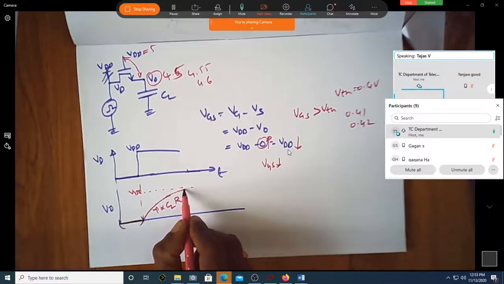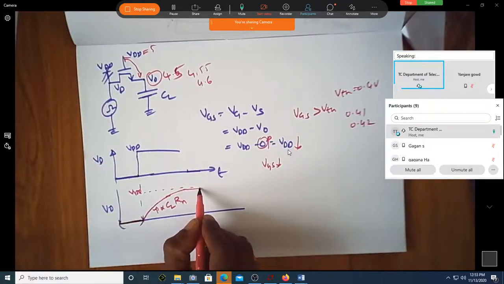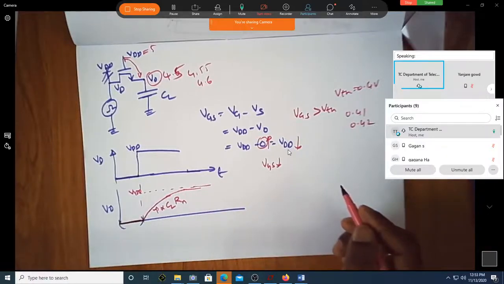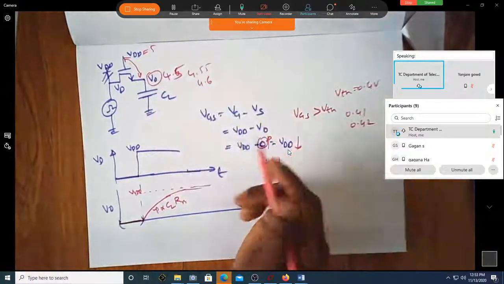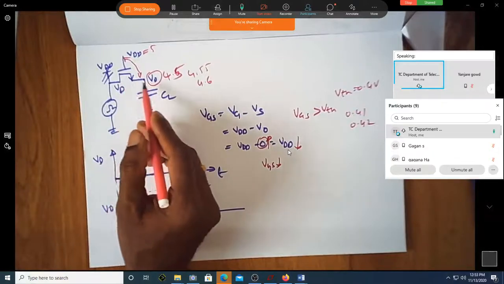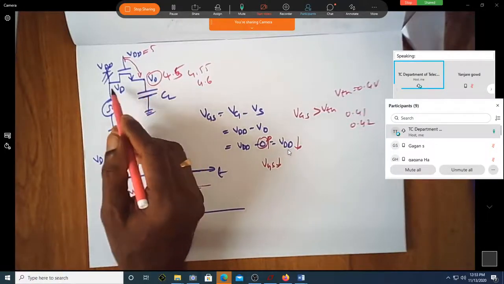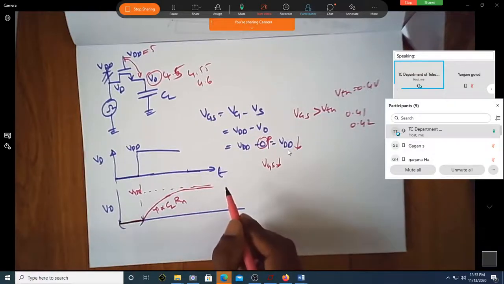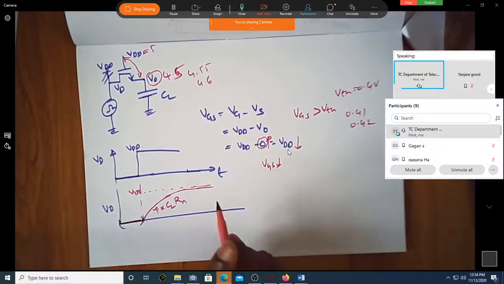In such a case, does the output voltage remain constant at 4.6? Because now it is an open circuit. Because this is off, which means the resistance is very high. The capacitor can neither discharge nor charge. That's why it remains constant. Correct? Am I correct?